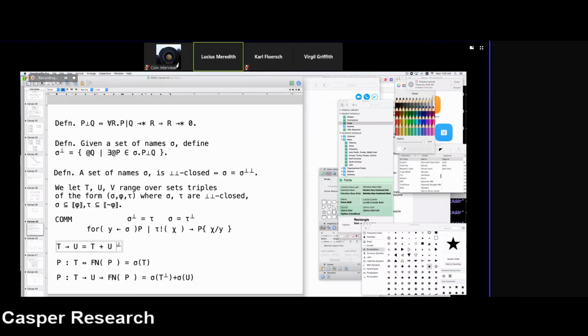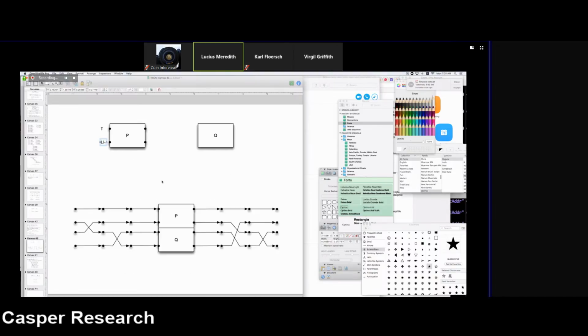It doesn't matter. It's completely symmetric, but it might be easier for discussions to do it that way. Okay. So this one is in the positive polarity, and this one is in the negative polarity. And then on the flip side of this, it's like this. This is in the negative polarity, and this is in the positive polarity.